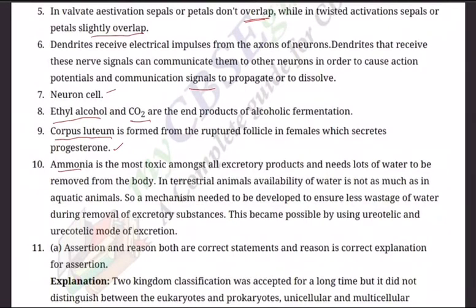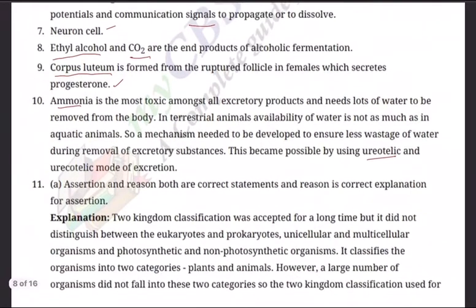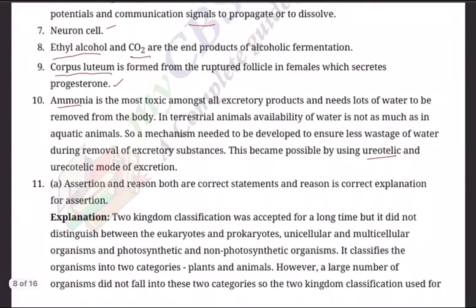In terrestrial animals, availability of water is not as much as in aquatic animals. So a mechanism needed to be developed to ensure less wastage of water during removal of excretory substances. This became possible by using ureotelic and uricotelic modes of excretion.